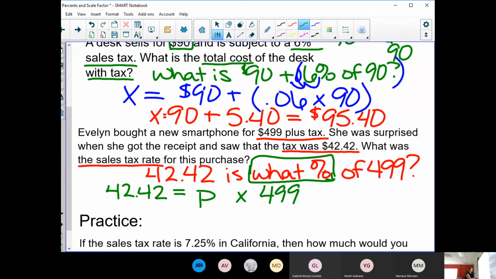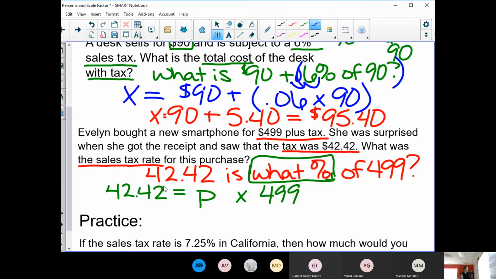So think back to previous weeks. When we have our variable that we're trying to solve for times a number, the 499 is called a coefficient, and they go together. So I can't just add or subtract it to get P by itself. I have to do the opposite operation to break 499 and P apart.